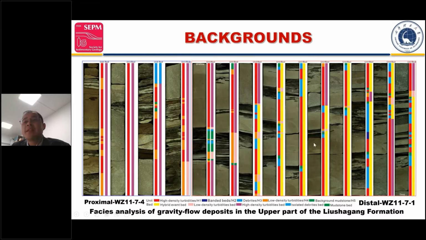While in the distal WZ11-7-1, those deposits are mainly dominated by hybrid event beds with different thicknesses. The Quasi-armored mud clasts are mainly located in those hybrid event beds, and especially in the H3 division.